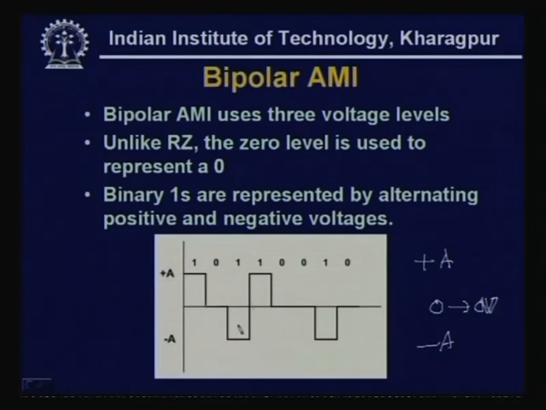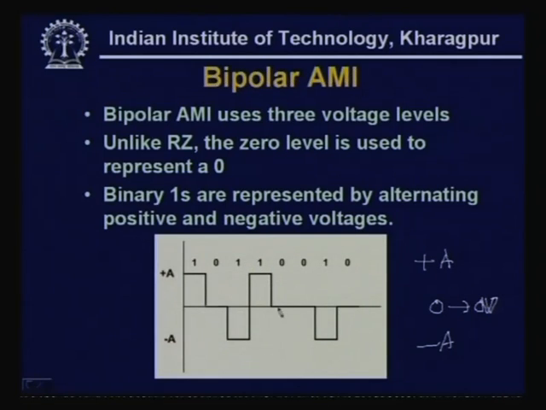depending on it alternately changes. For example, for this it is plus A, the next one will have minus A, the next one will have plus A, the next one will have minus A. That is why it is called alternating: binary ones have alternating positive and negative voltages. So, these alternating voltages can be sensed to identify ones.